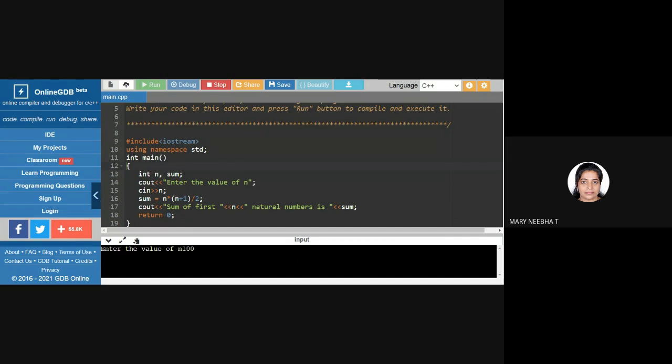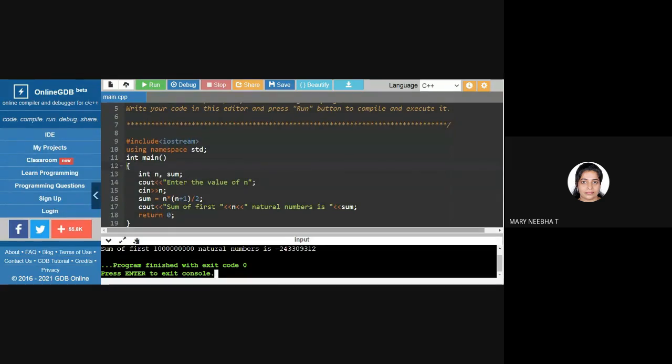Suppose we give some small numbers, and now we'll give the same number, 1 followed by 9 zeros. Okay, so immediately you are getting the answer, there is no time delay.